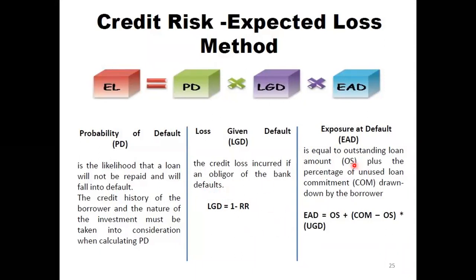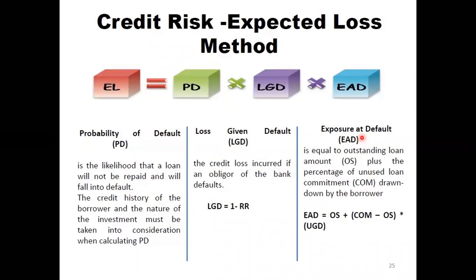And exposure at default is equal to the outstanding loan plus the percentage of unutilized loan commitment drawn by the borrower. The borrower may have been granted an additional committed loan, so that loan also belongs to that customer.